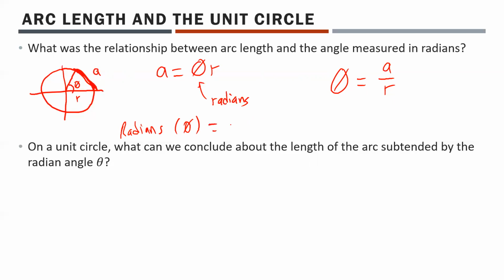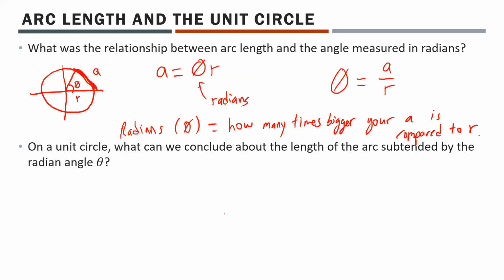So radians is how many times bigger your arc length, I'll just say A, is compared to your radius, R, right?